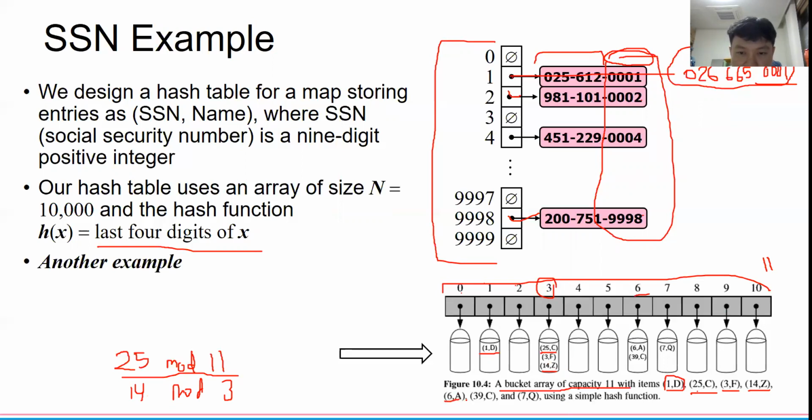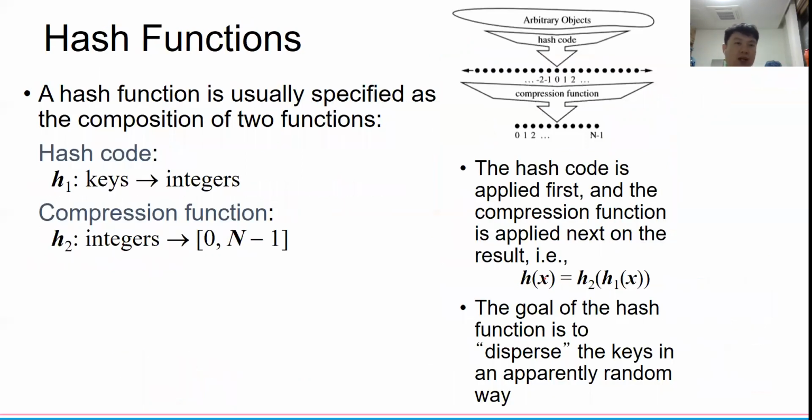And what about 39? 39 mod 11 will be 6. Then I put 39 comma C in index 6, and then 7 comma Q. So here you can see there are 3 items in a single index. We will deal with this later.